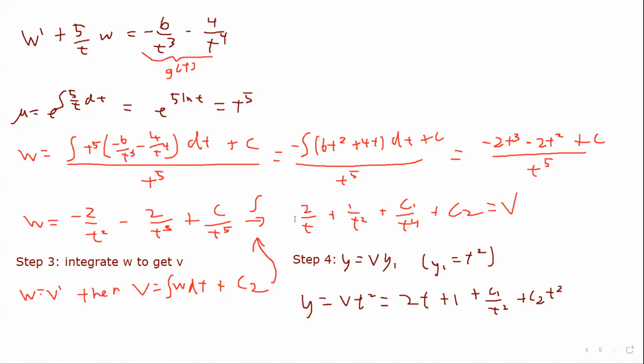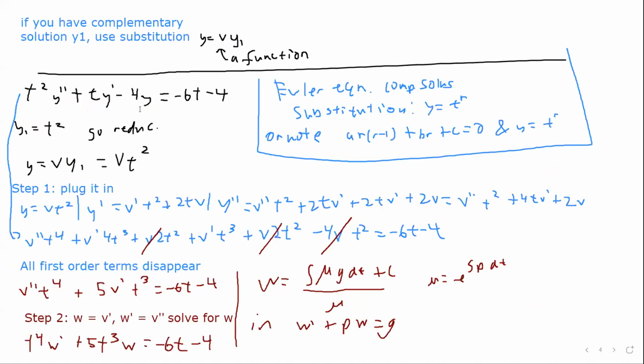Hello, yes, James. Our original equation was t squared y double prime plus 2y prime minus 4y, right, equals minus 6t minus 4. I think you solve it out and you end up with a repeated complementary solution.